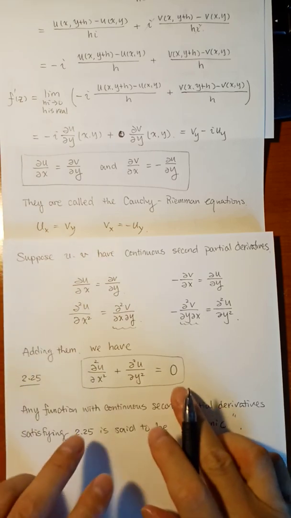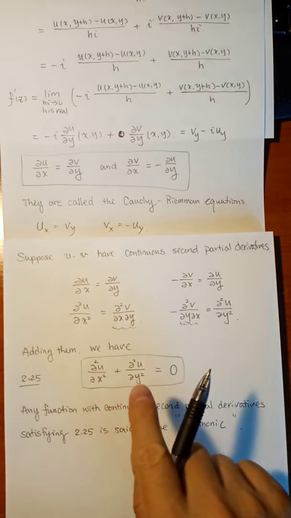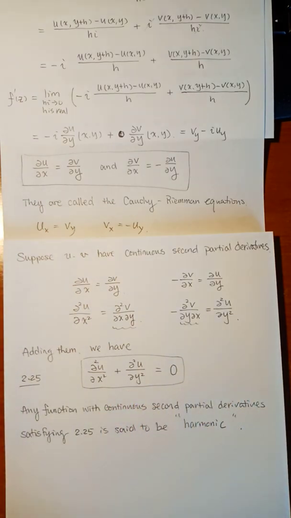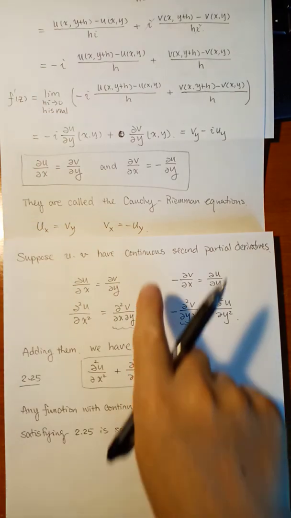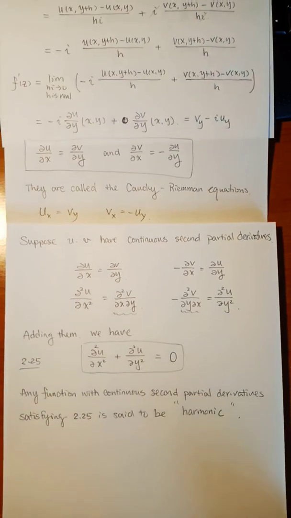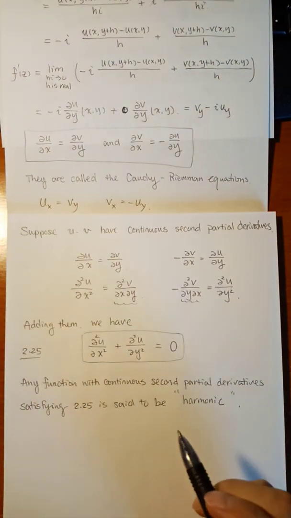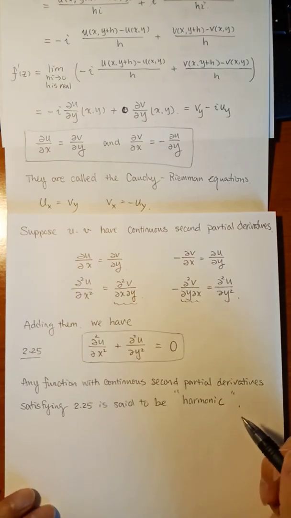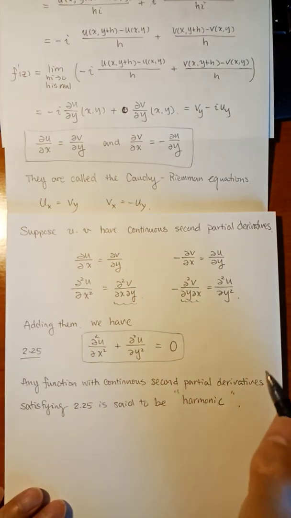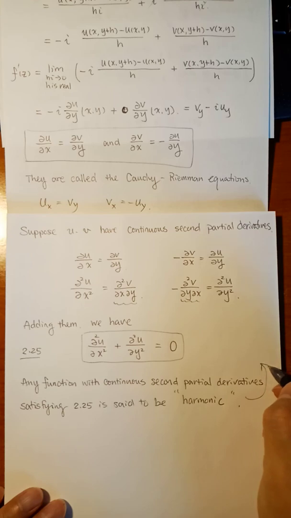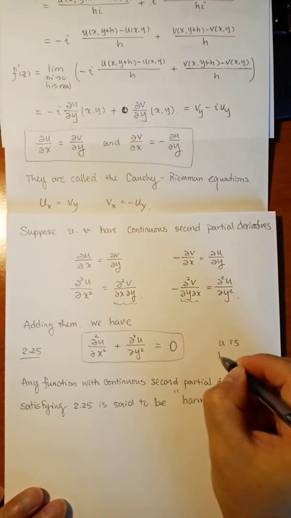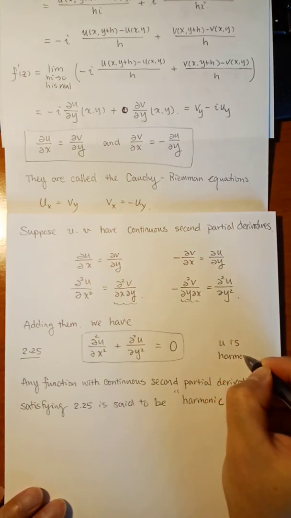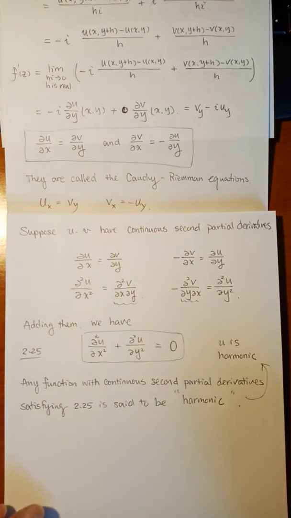So it actually tells us the real part of a differentiable function f is a harmonic function. When you have this, f must be analytic. The real part of an analytic function is harmonic. So u is harmonic.